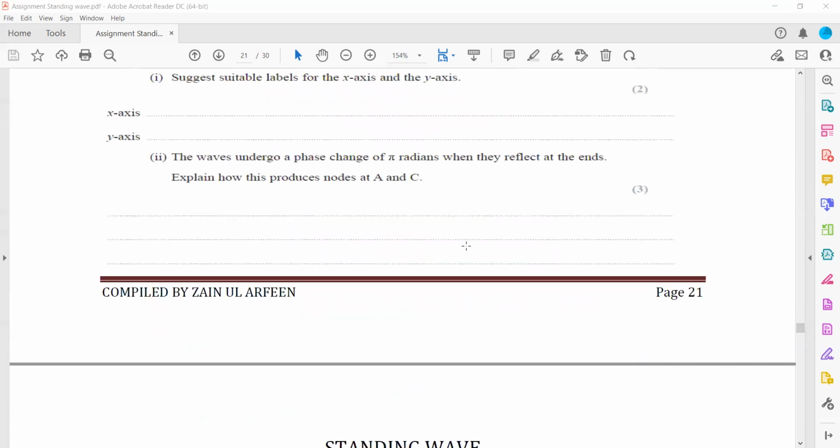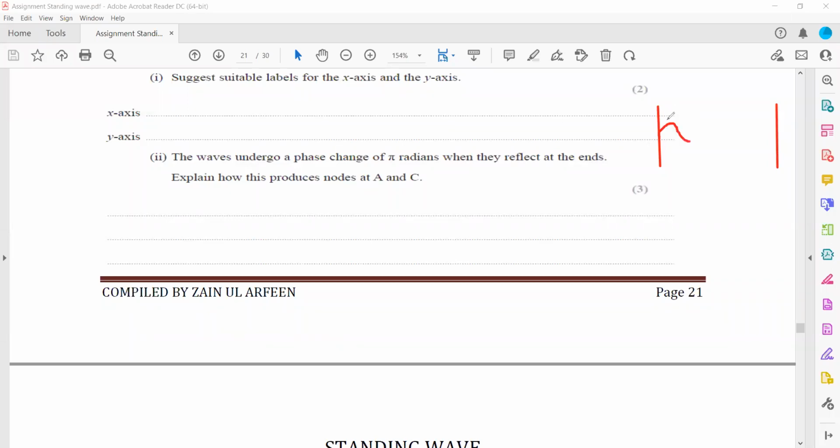The wave undergoes a phase change of pi radians or 180 degrees when reflected at the end. How does this produce nodes at A and C? Like what they mean here, because these are the fixed ends of the string.